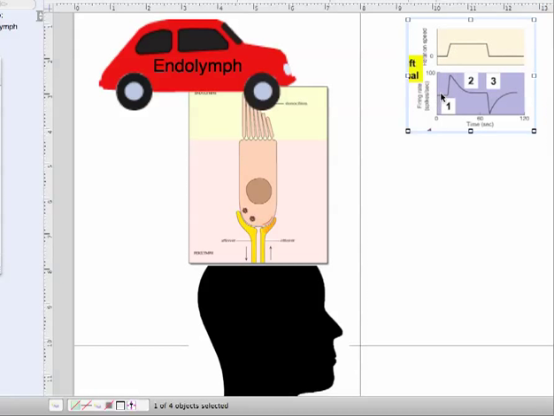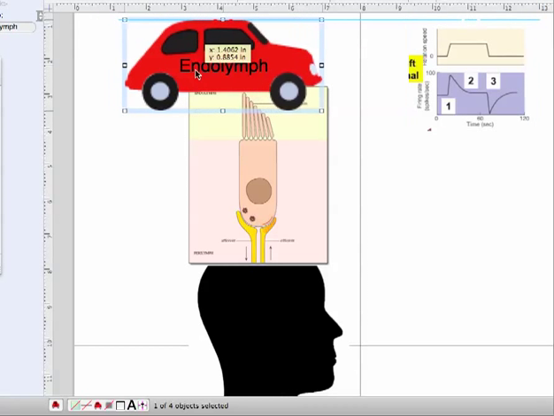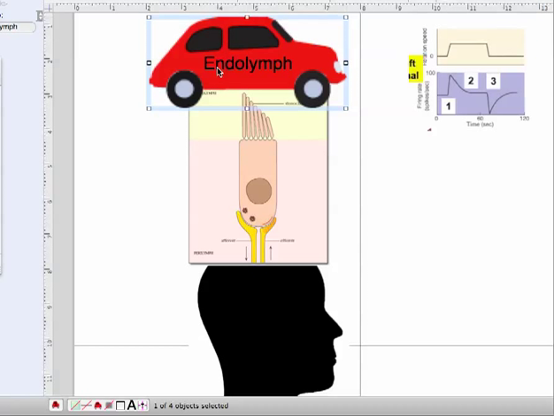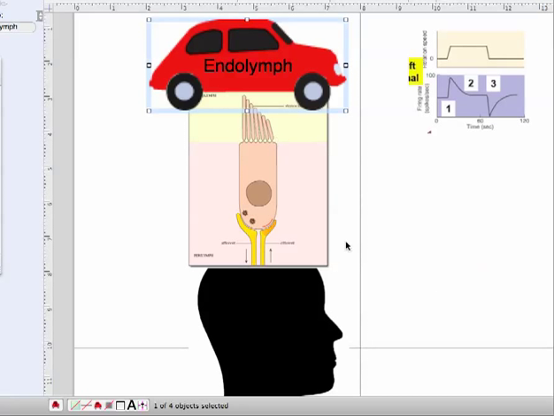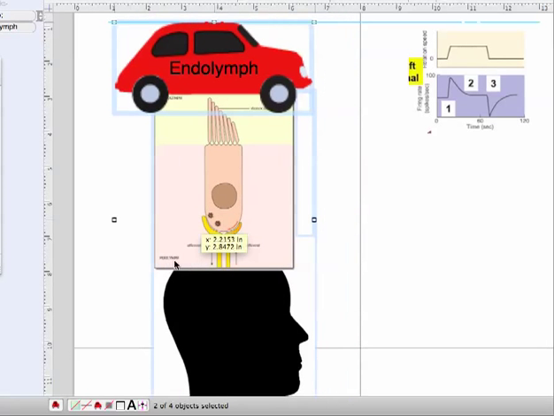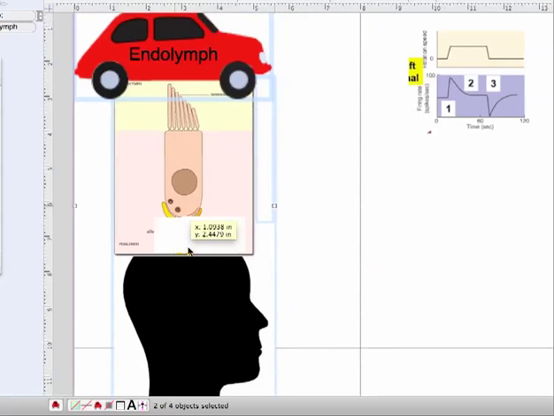So you start rotating, you see depolarization. Eventually, your endolymph will also catch up in terms of the angular acceleration and the velocity at which it's moving. Okay, so you're going at this rate. Your endolymph eventually also goes at this rate. Now, what's interesting is at a certain point, your head and your endolymph are moving at the same velocity.